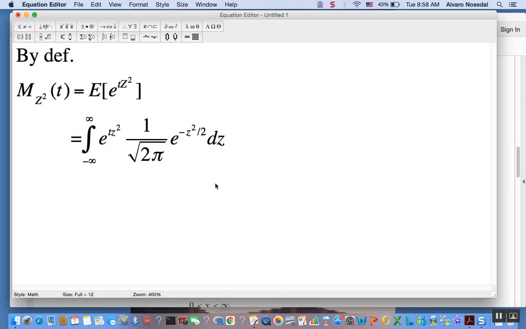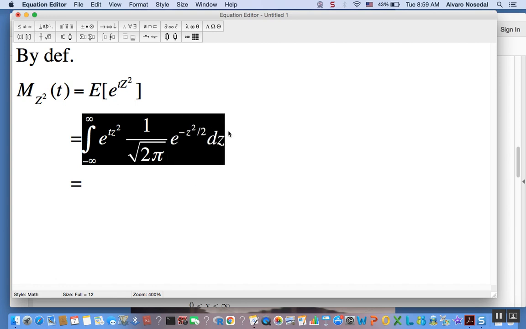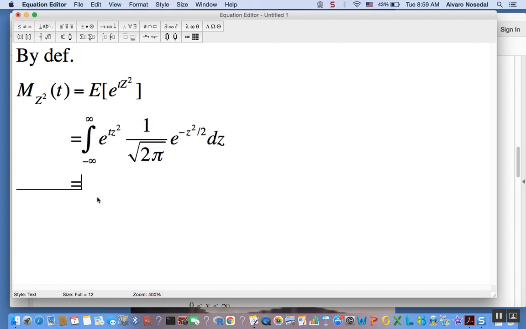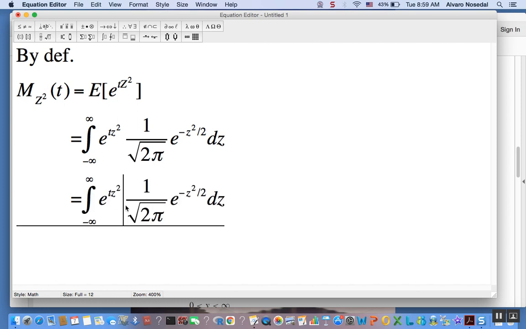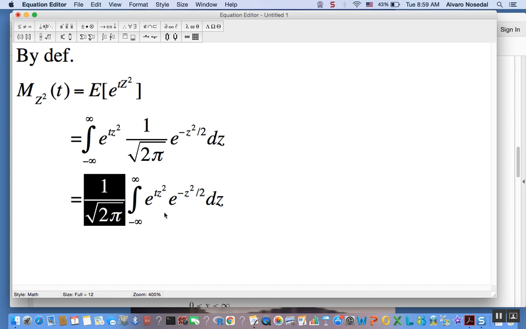Okay, so now let's try and simplify this. So this is the same as, let me use the linearity of integrals, and I'm going to factor out that constant.